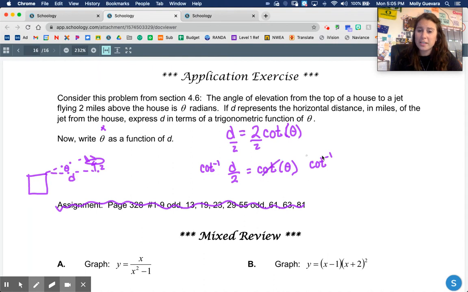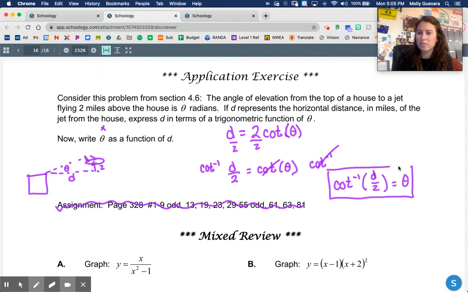What that does is it cancels, and it gives me the cotangent inverse of D over 2 is equal to theta. So now I have solved the equation for theta. If I know the distance, then I can find the angle. So I just took that equation and rewrote it so that the theta is by itself instead of the D.